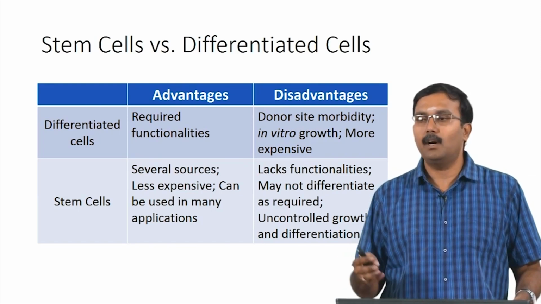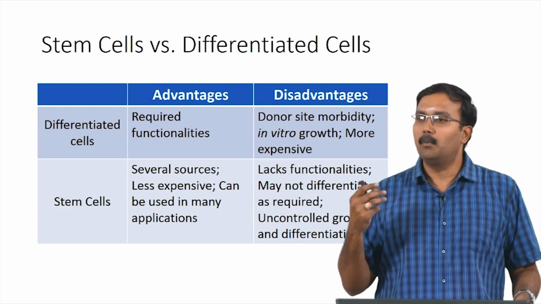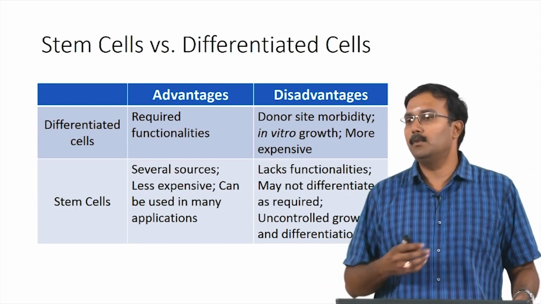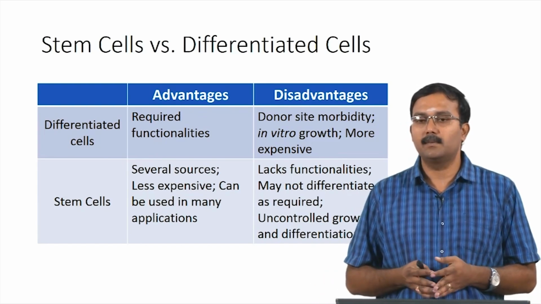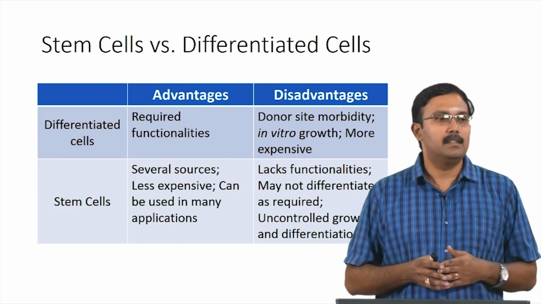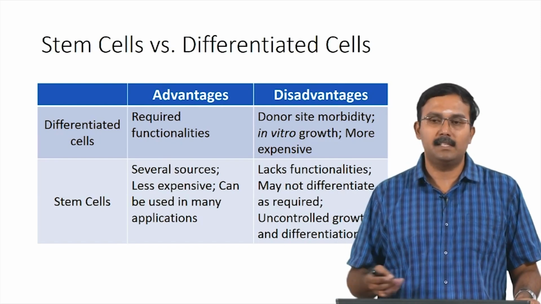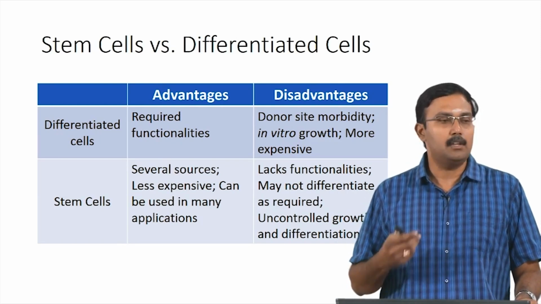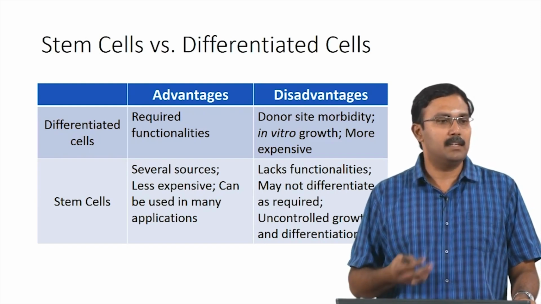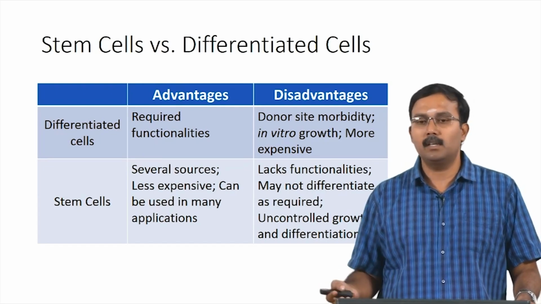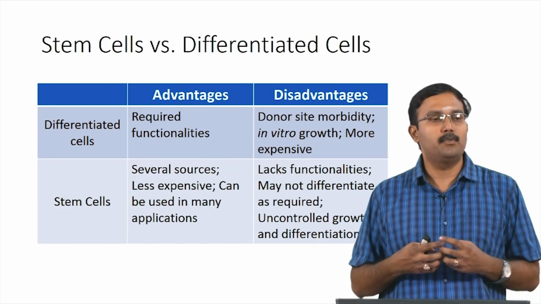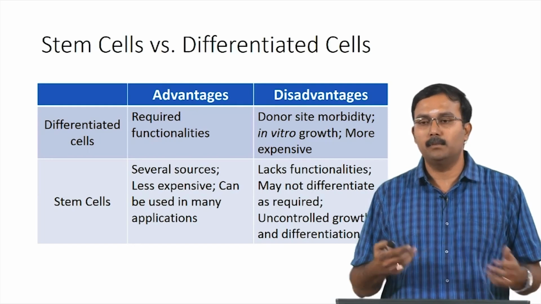In vitro you have a lot more control with what the cells are exposed to and how you treat the cells to get the required differentiation, whereas in vivo the level of control you have is lesser. Okay. There is also a risk of uncontrolled growth and differentiation. This is especially true for embryonic stem cells, which might lead to formation of teratomas, which could be a problem.